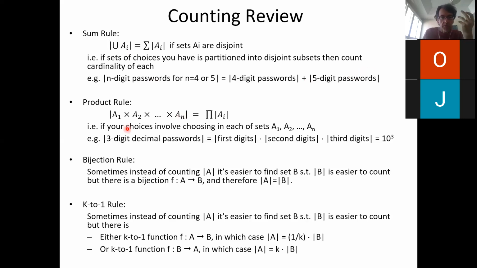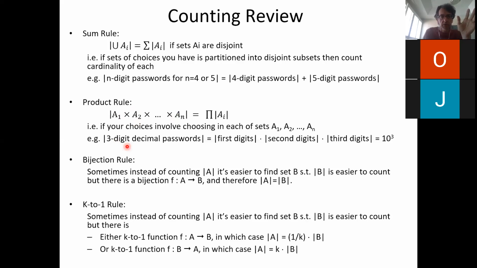A product rule is if you're counting objects which can be represented as sequences whose ith element is in set A_i. For example, a 3-digit decimal password.